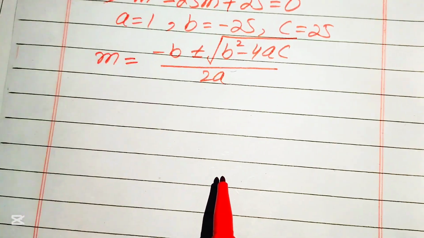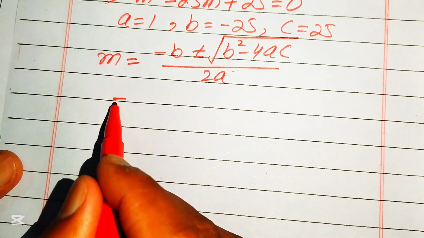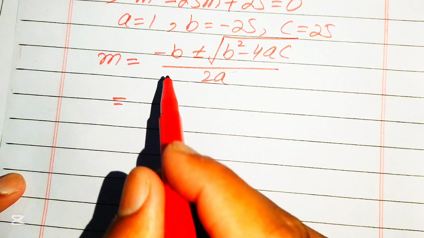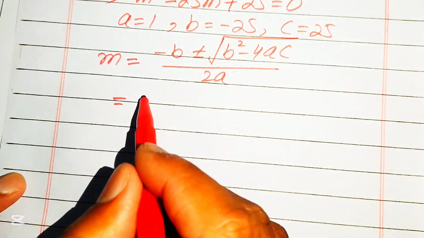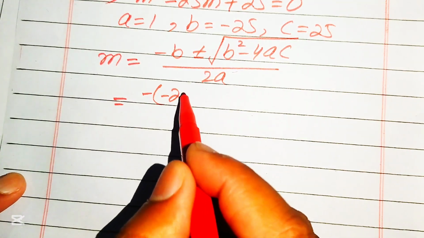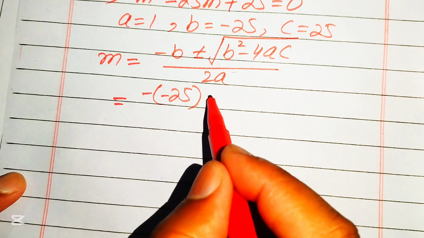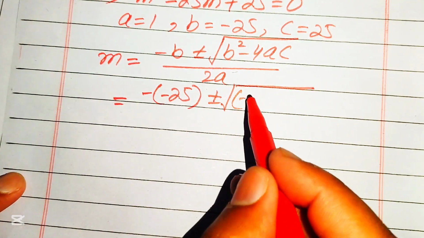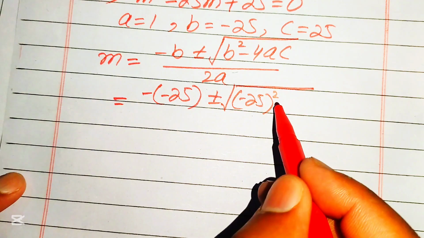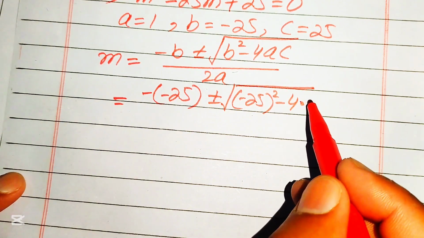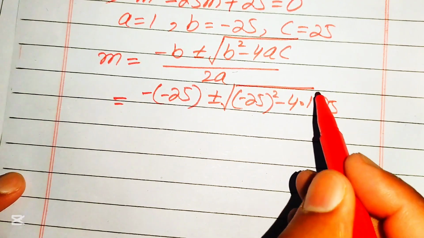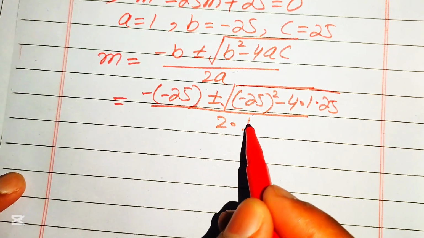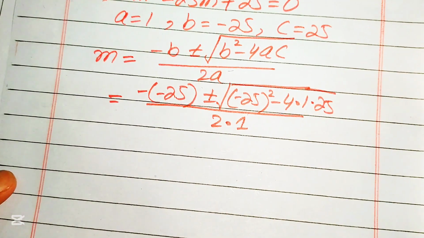This is our quadratic formula, and now we need to put the values of b, c and a here. We have the value of b is minus 25. When we substitute it here it becomes minus times minus 25, plus minus square root of b square, b is minus 25 square, minus 4 times a is 1 and c is 25, divided by 2 times a. Here our a is equal to 1.